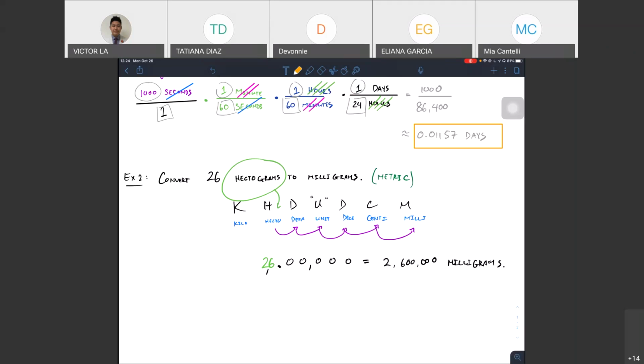All right, so again, the easiest way to go about the metric system is memorizing this mnemonic device, King Henry died unusually drinking chocolate milk, chocolate martinis, whatever the case might be, right?